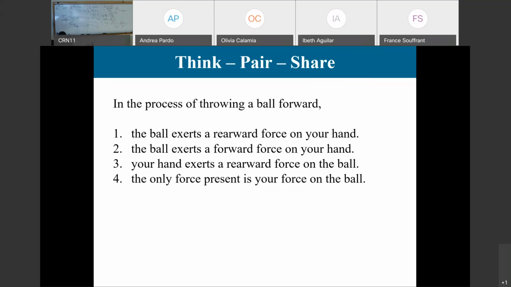Or the best example is if you ever go to a shooting range, if you shoot, your hand recoils. That's action reaction there. Later on, we're going to talk about conservation laws, and there's something called conservation of momentum, but it also gets applied in here, in the action reaction of forces.